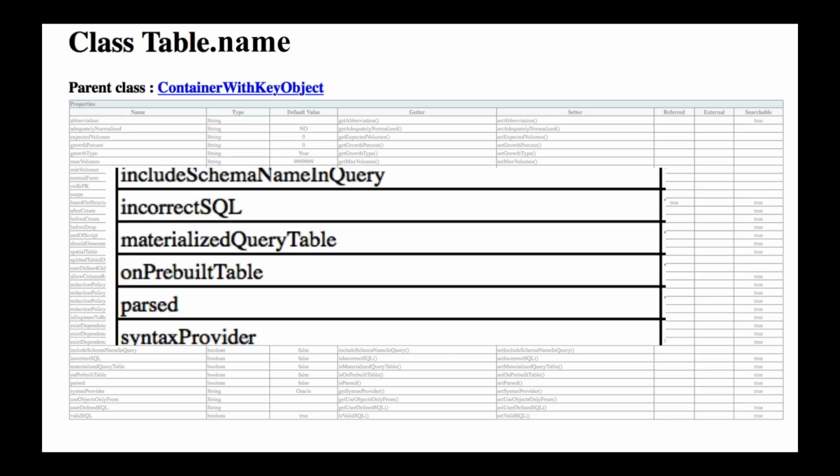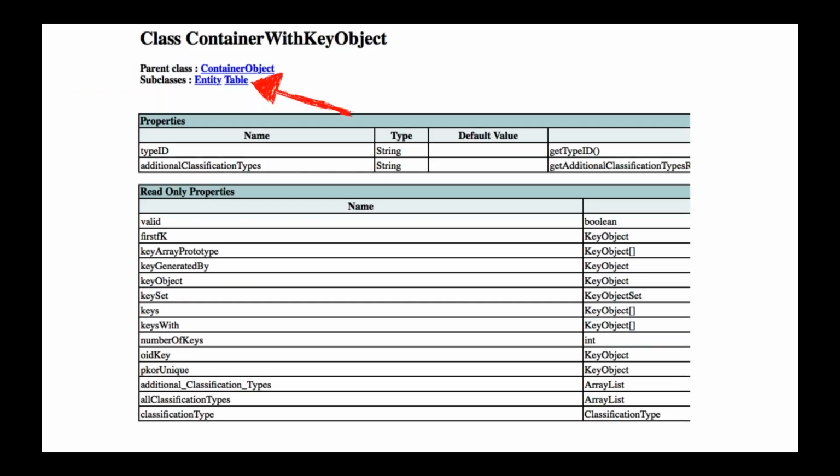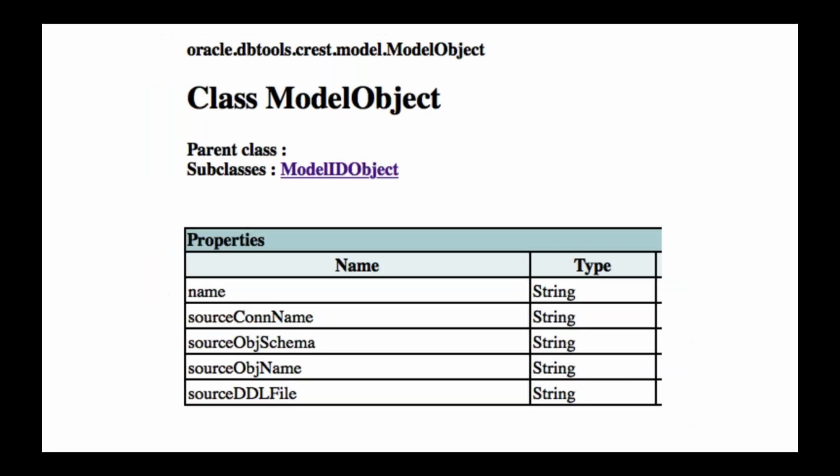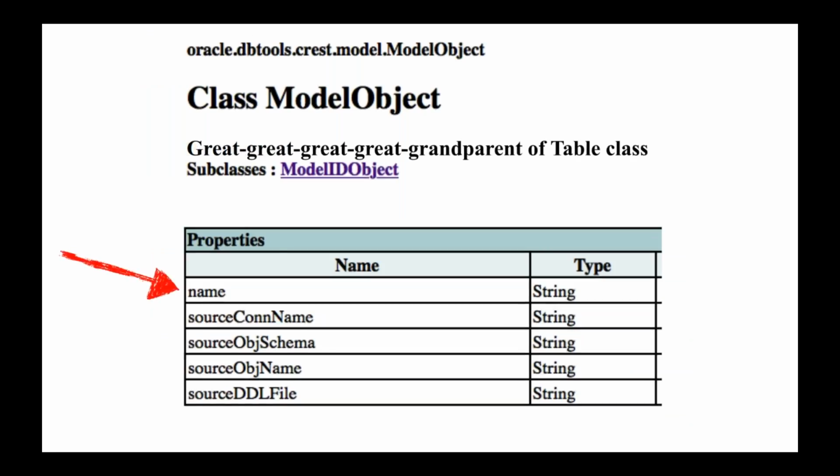So what you would do then is look in the parent class to see if the name property is found there. So here we're looking in the parent class, and again, if you look at this alphabetical list of properties, there is no name property. So if it's not in the parent, you check the grandparent, and if it's not in the grandparent, you go up another level. And it turns out that the name property for a table and for all the objects within this model belong to the great-great-great-great-grandparent of the table class, which is the model object.